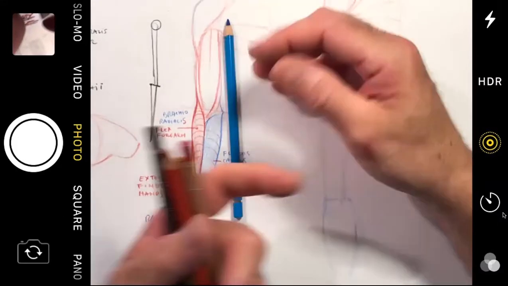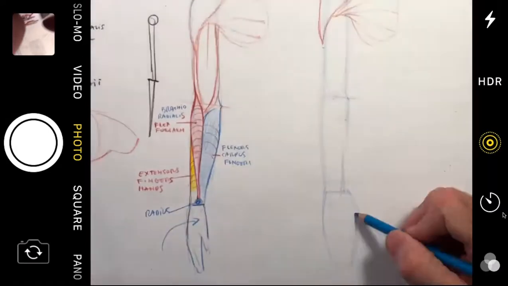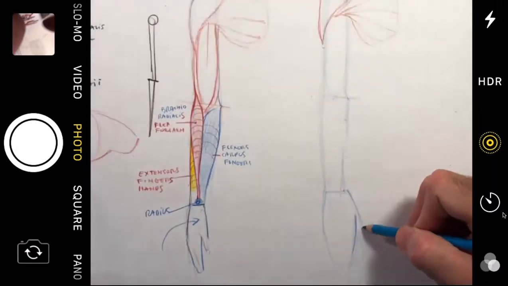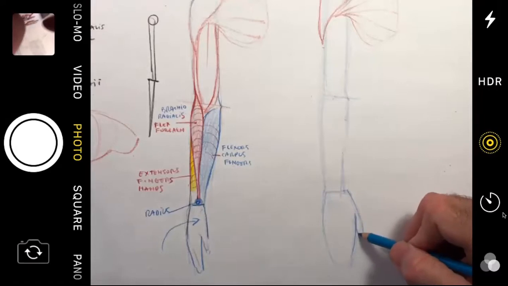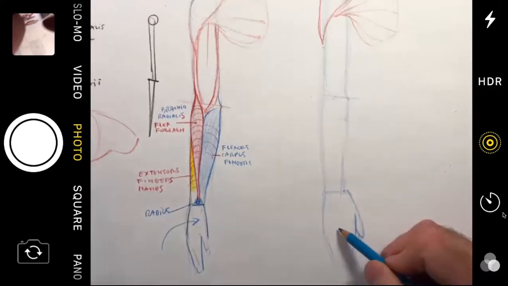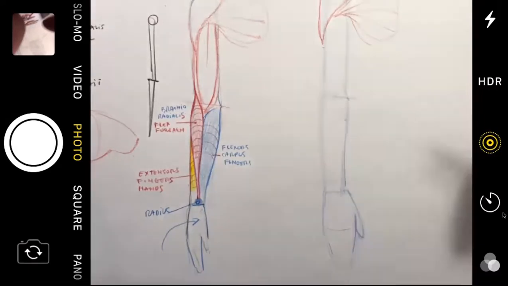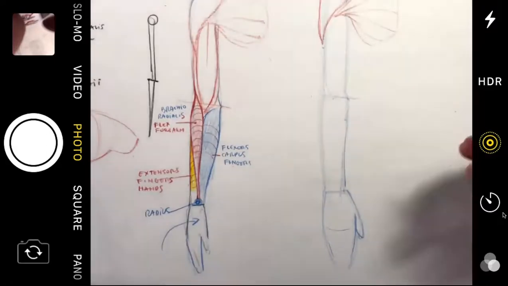So now here I do the opposite. This portion here will go over the thumb, and immediately I feel like I am seeing the back of the hand.